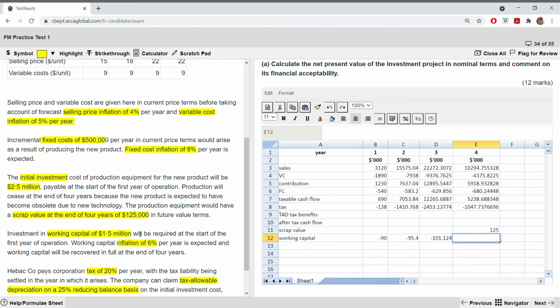So from 1.5 million, you are adding this worth 1.5.